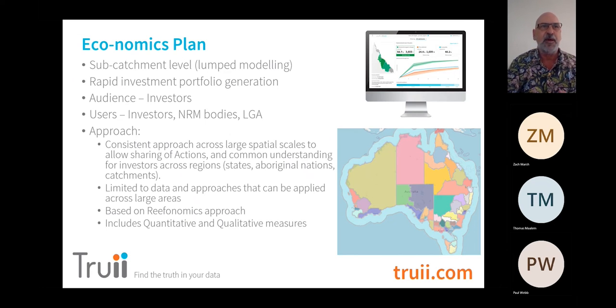In that case, we're constrained to data and approaches that can be applied across large areas, so a whole of NRM region at least. So we're proposing to base this on what we've done in the Reefonomics area across the 6 regional body areas of the Great Barrier Reef catchments, including quantitative and qualitative measures.